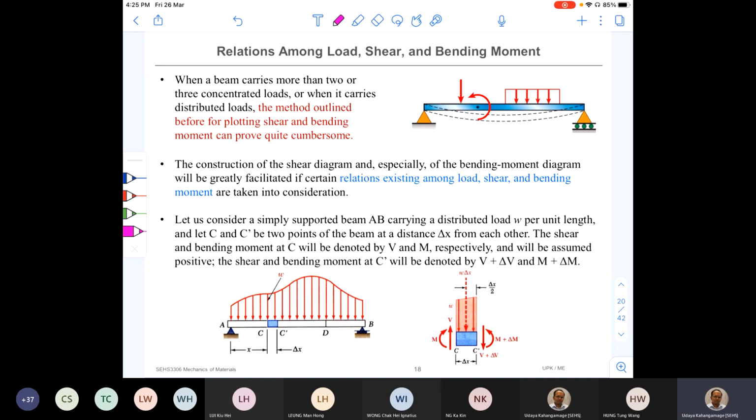So far, any questions? I hope the method we learned up to now, the method of section, is straightforward. If you still cannot use the equations of equilibrium, please come to the face-to-face tutorial class next week.